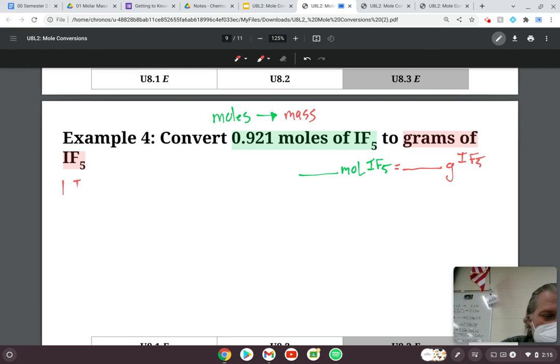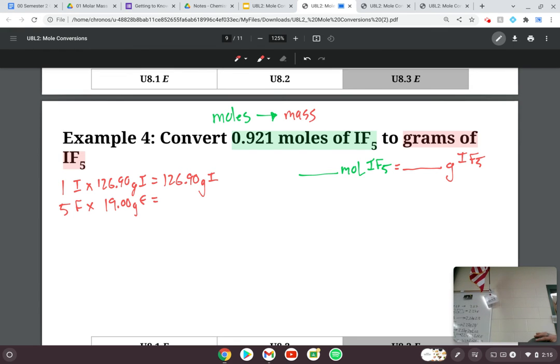So I have 1 iodine times 126.90 grams of iodine. And I have 5 fluorines times the mass of fluorine, which is 19 grams of fluorine on the periodic table.